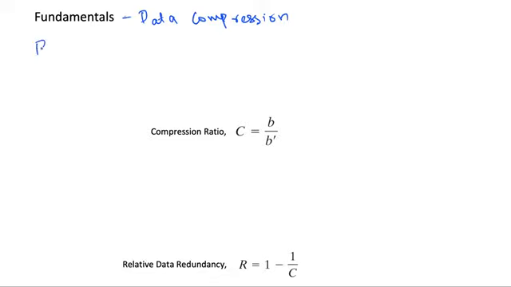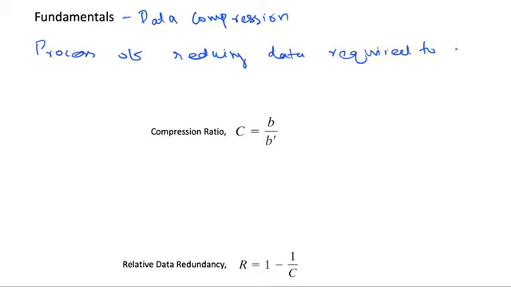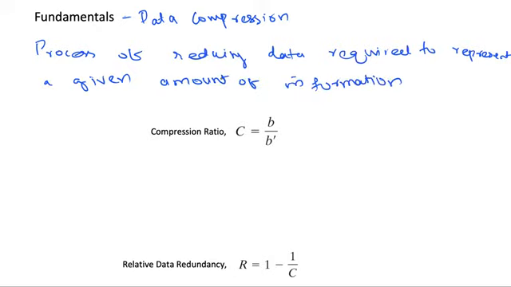Data compression is the process of reducing data required to represent a given amount of information.